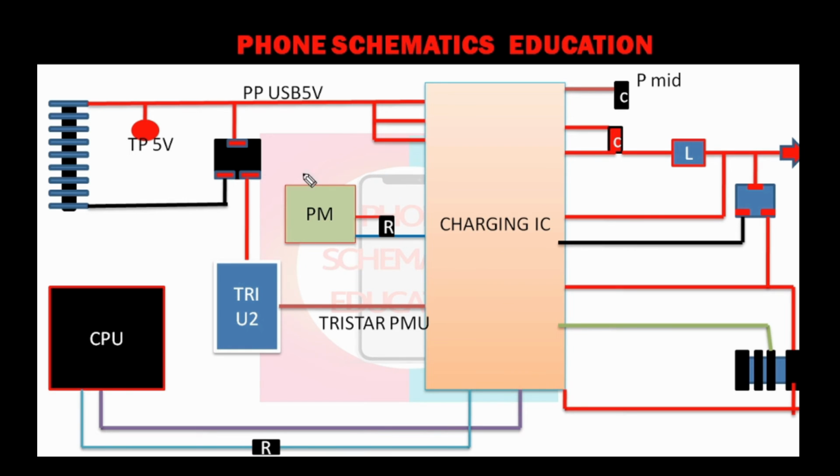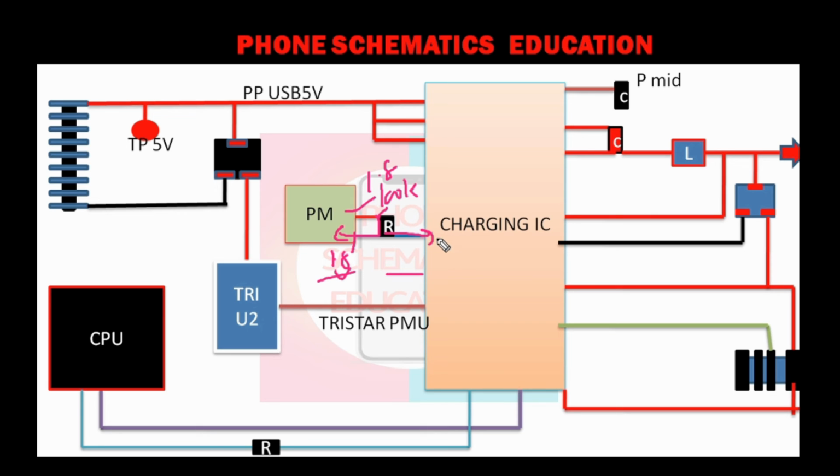You get confused? I will tell you again. In this line you will get one resistance, also one capacitor, 100k resistance, right? Now the other side of the resistance is connected to the power IC, also the charging IC. Clear, right? In this line you will always get 1.8 volt. So at this point on the power IC there is 1.8 volt without connecting the charger.